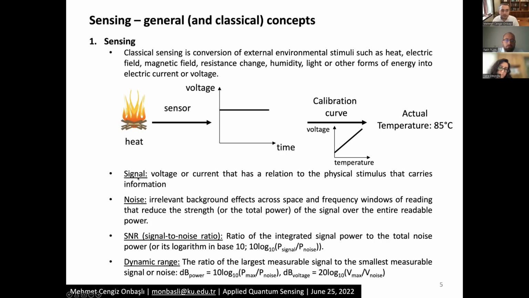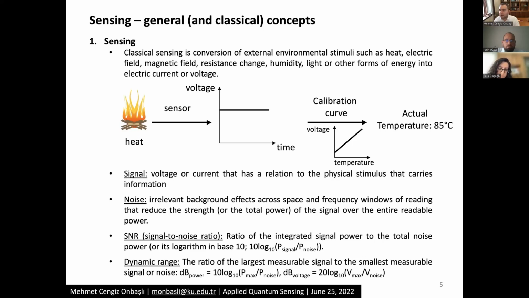So when we talk about signal in a sensor or in any applied quantum sensing, we are referring to the sensor readout, which is the output as a current or a voltage, and it has to have a relation to the physical stimulus which we receive from the environment.